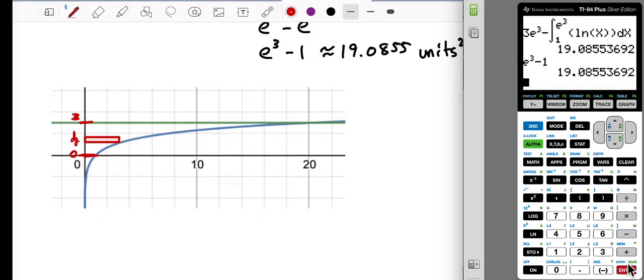Any point in space has an x component and a y component. The x component is the horizontal distance from the y-axis, the y component is the vertical distance from the x-axis. So to get from this location to this one, I'd have to go x units.